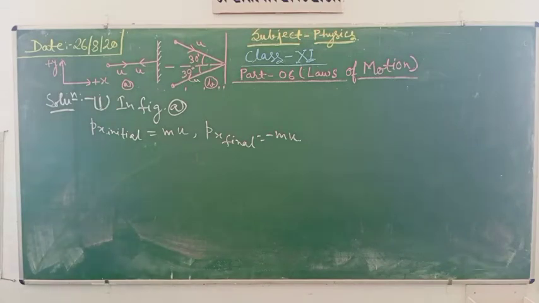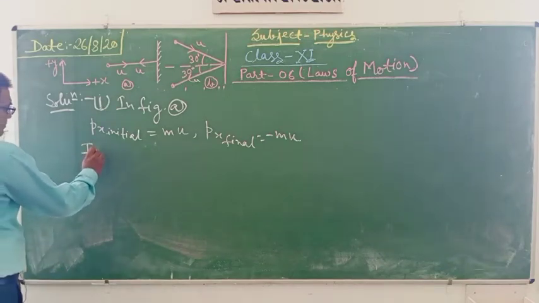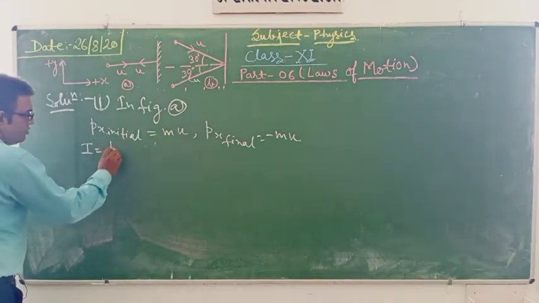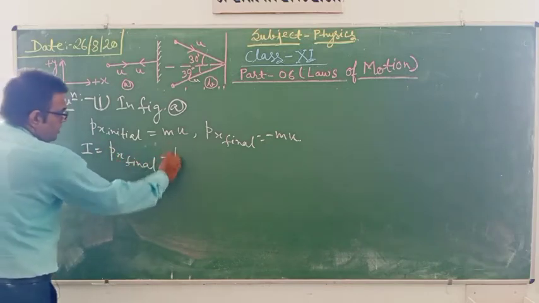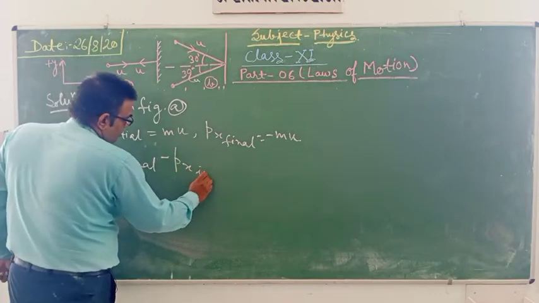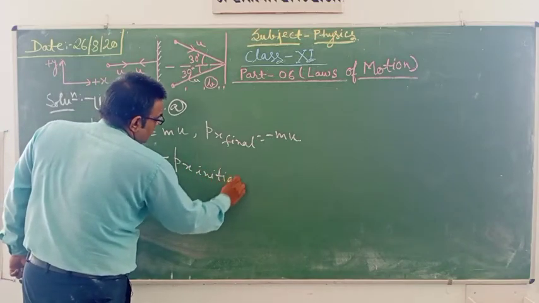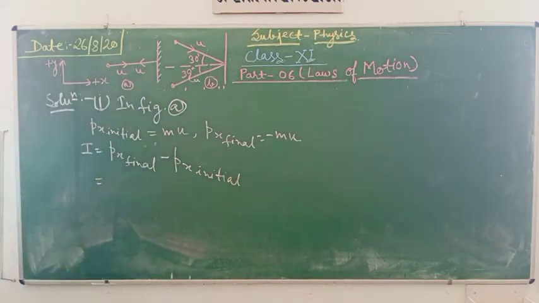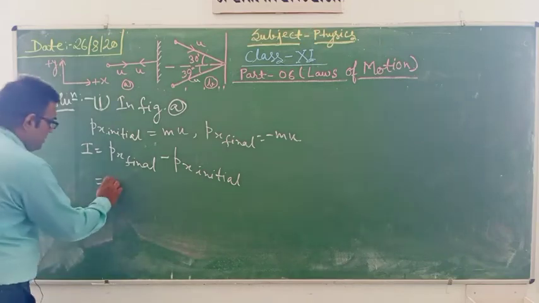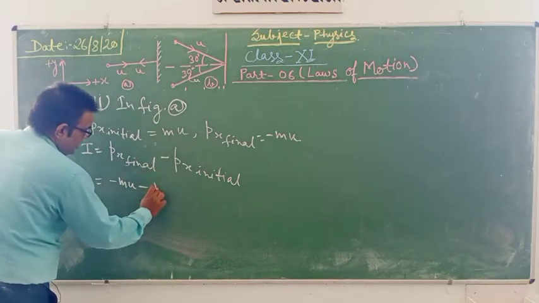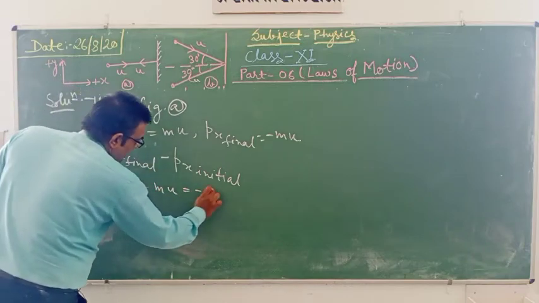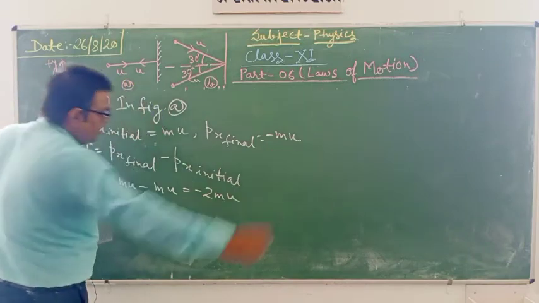So impulse I is equal to Px final minus Px initial, and the value of Px final is minus mu, minus P initial, that is minus mu, and it is equal to minus 2mu.